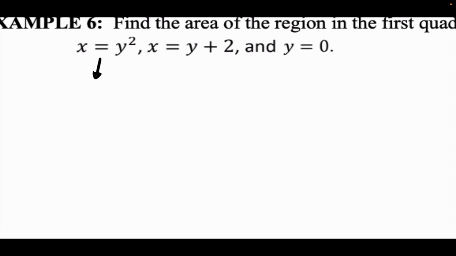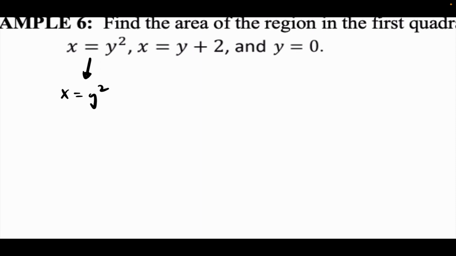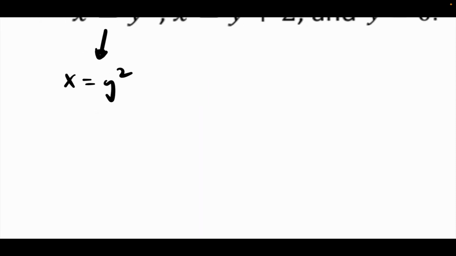So I have x equals y squared. How do I solve it for y? Take the square root of both sides, right? Anytime we're solving and we have to take a square root, we have 2 answers, positive and negative square root of x.